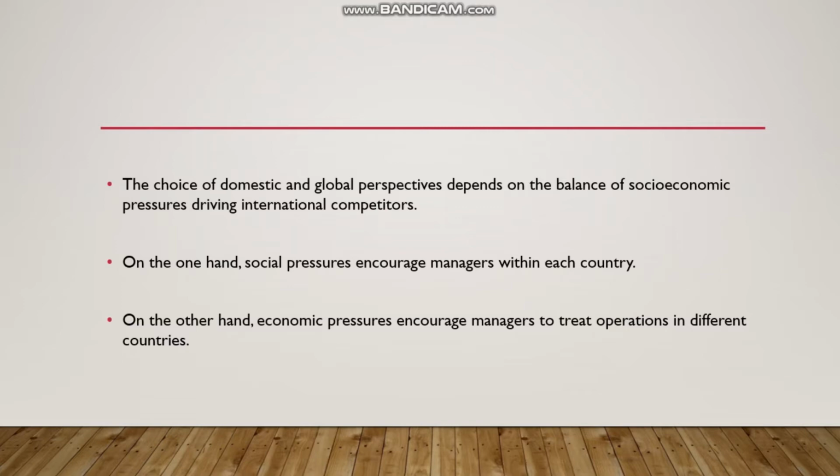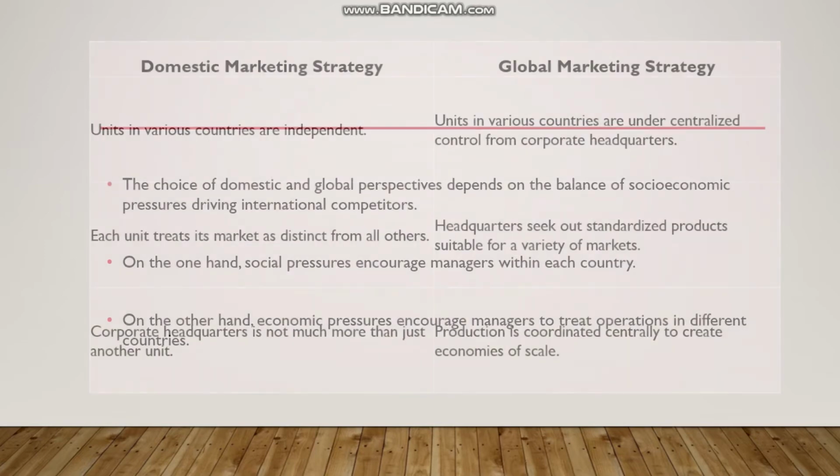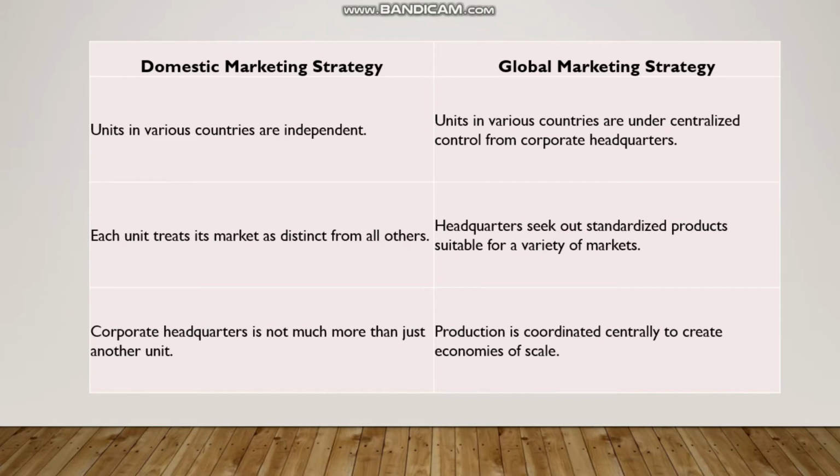These social and economic forces are so great that they are commonly referred to as the two imperatives facing multinational company managers. The social forces encourage firms to operate under a domestic strategy, while the economic forces create pressure to use a global strategy. So, these are the various factors in comparison of the domestic and global marketing strategy.